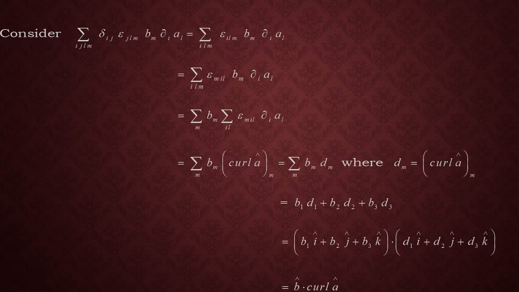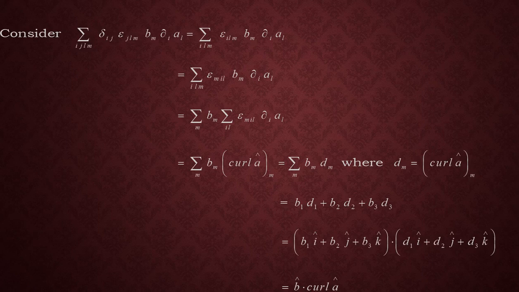Consider the first summation on the RHS of the previous expression, that is sigma over ijlm delta suffix ij epsilon suffix jlm Bm dou i Al.